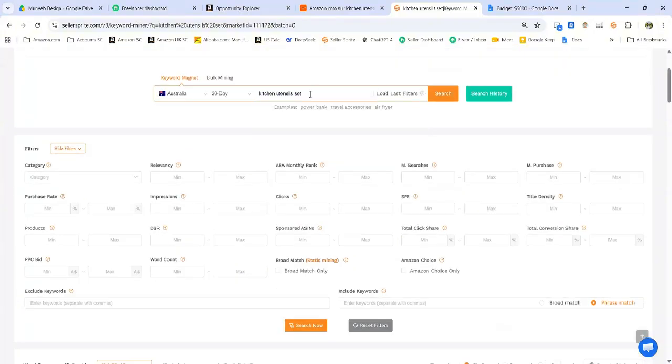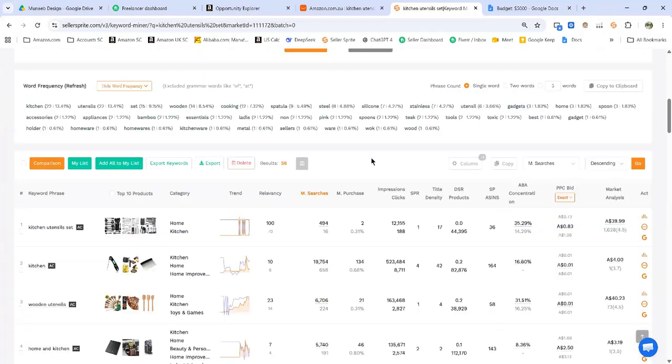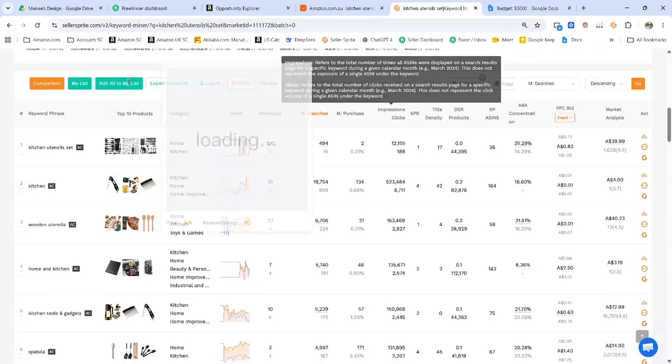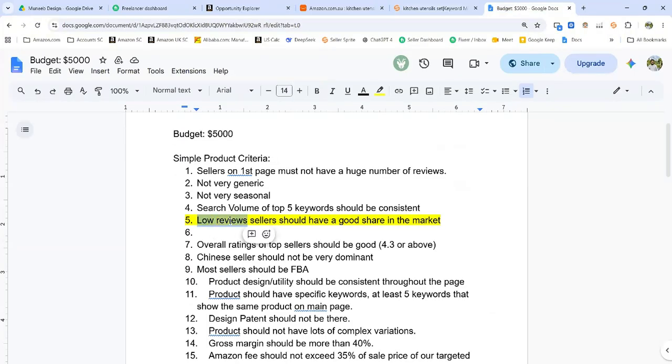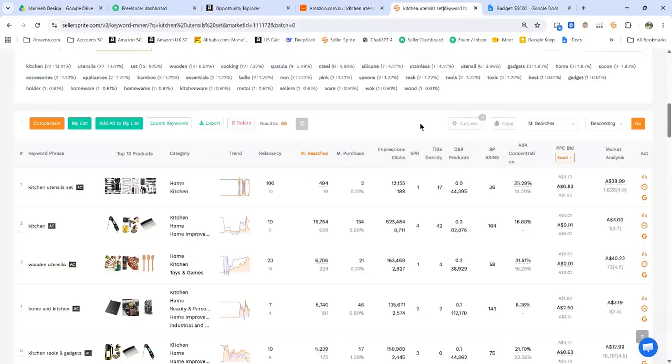So as you saw here, we typed in kitchen utensil set, and here you can see we got 56 relevant keywords. So what's the criteria is low reviews, search volume of top five keywords should be consistent, which means that we need to check the search volume graphs of the top five keywords.